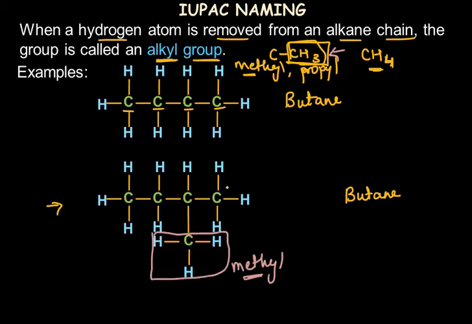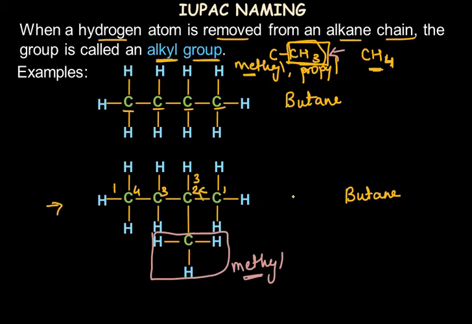But if we start numbering from the other side, first carbon atom, second, third and fourth, then the second carbon atom carries the methyl group. This is the lowest number the substituent group can obtain. When we started numbering from the other end, we received the number 3 on the substituent group. That is not the smallest number. So 2 is the correct number.